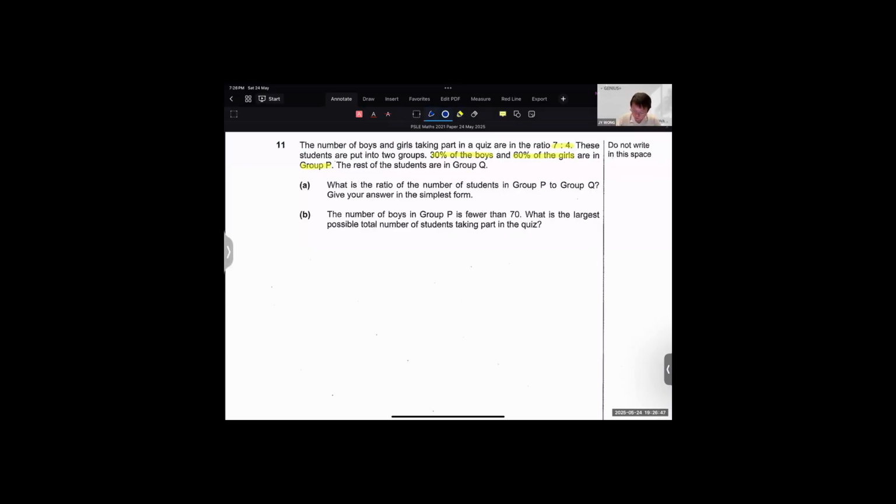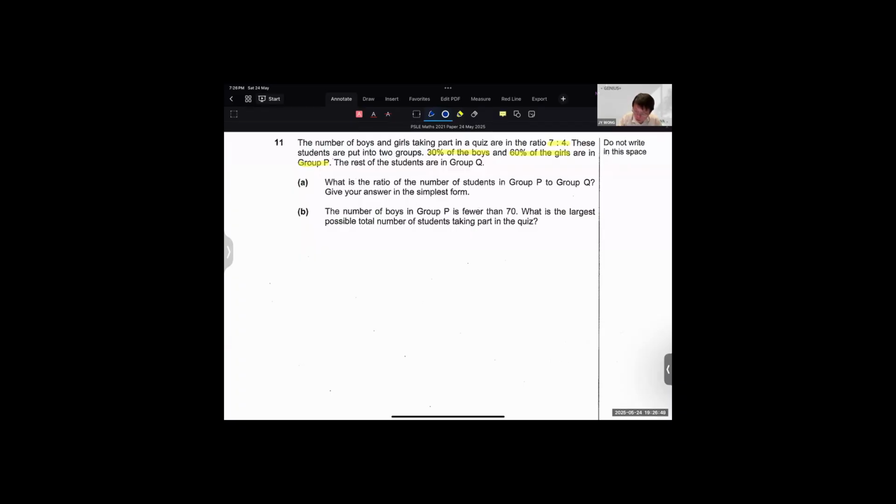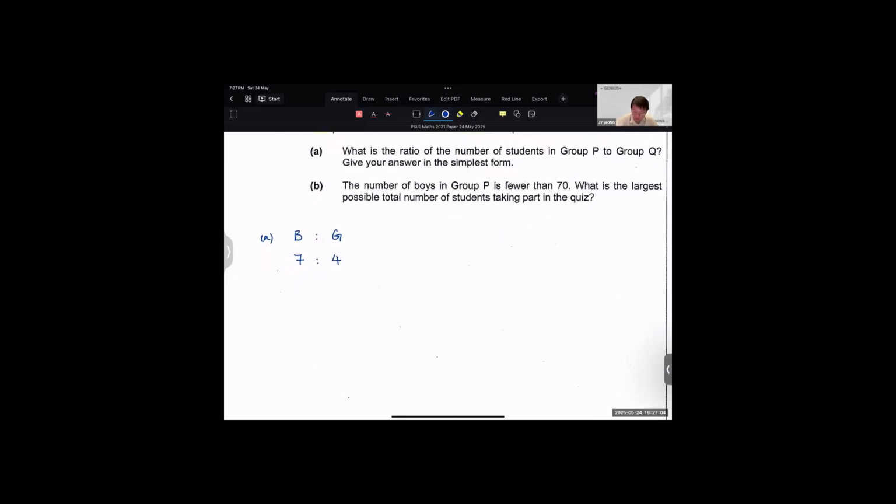So what do we know? We write out the first ratio, which is boys to girls. We know that the ratio is 7 to 4. Of this 7 to 4, what happened?